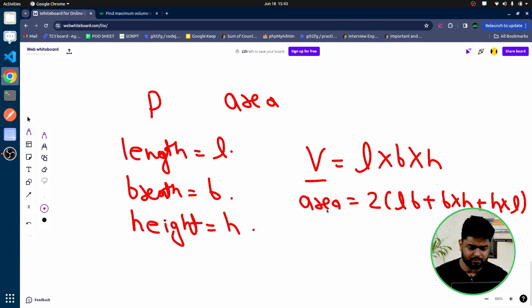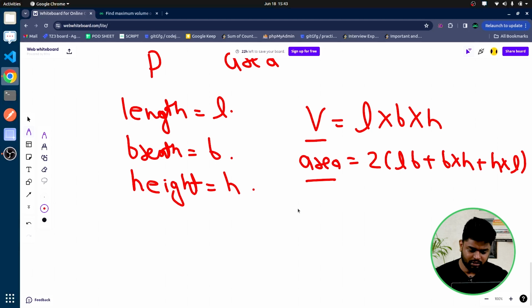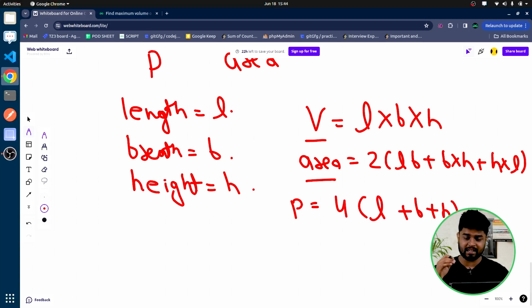Now what is the perimeter of a cuboid? The perimeter is basically 4 times (length plus breadth plus height), because if a certain length is there, it will be added 4 times in a cuboid.